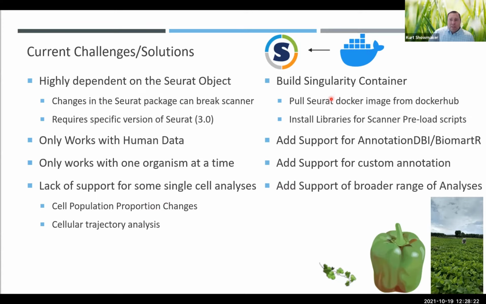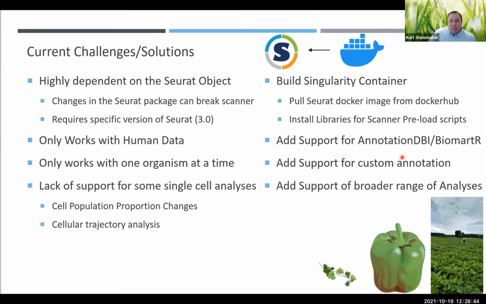So to fix some of these problems, or at least the Seurat dependency problem, I built a Singularity container that pulls the Seurat image from Docker Hub, and then installs the scripts needed to run the preload scanner scripts.